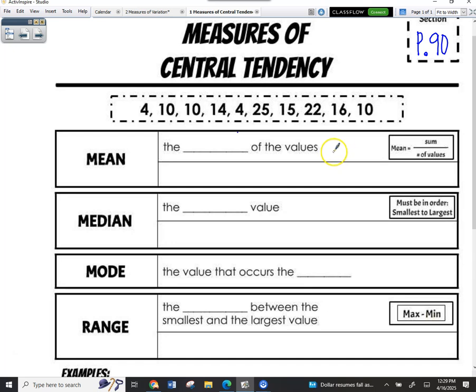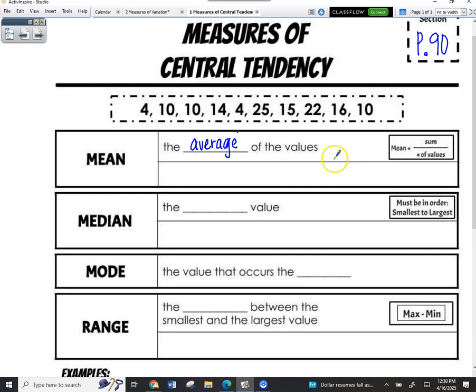Don't you gotta sum all of them up? Divide. Yeah. Do you remember the other word for this? How do I get your grade? You find the average of our papers. Thank you. The average. It is the average of the values.